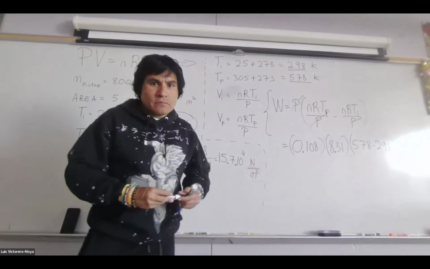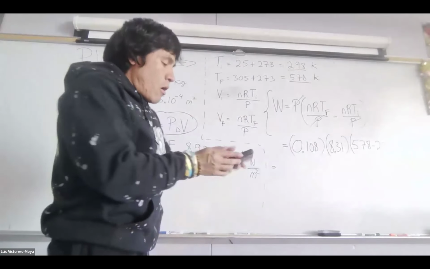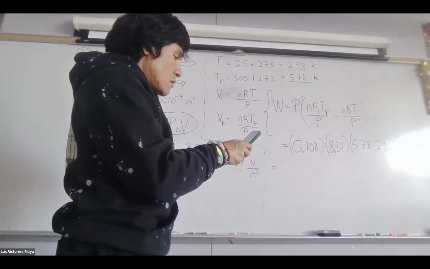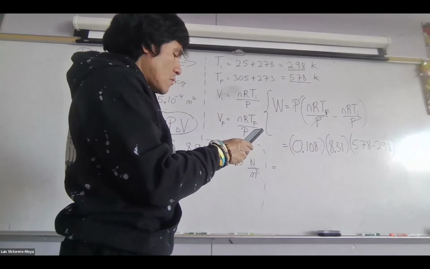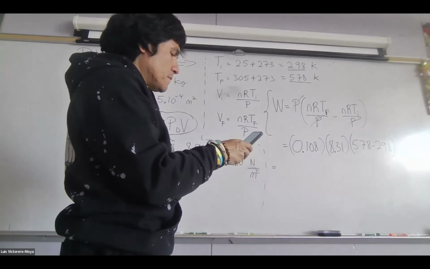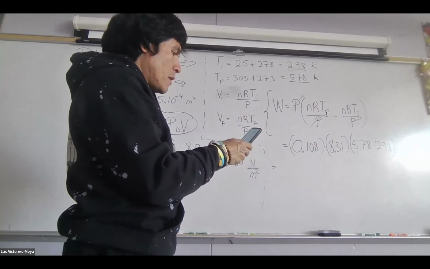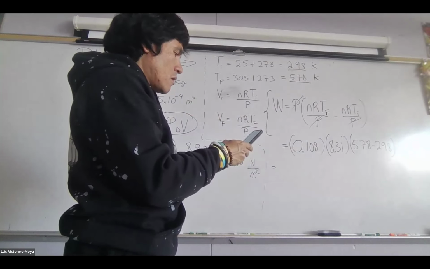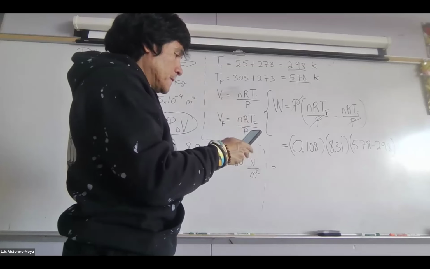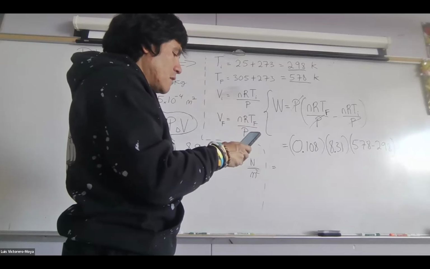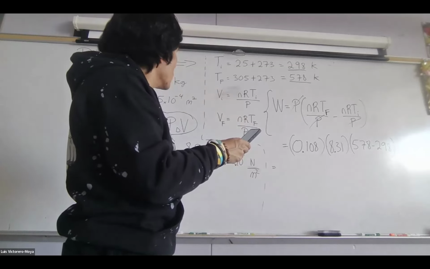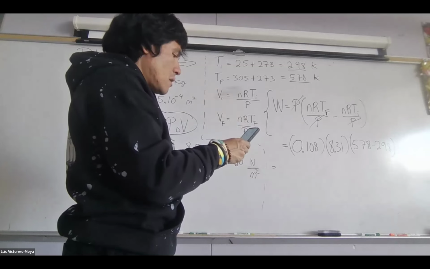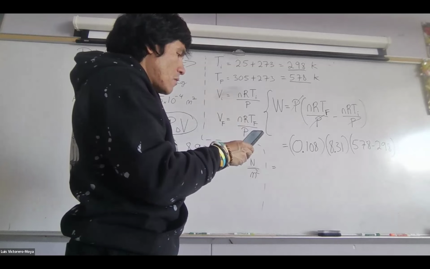So let's take a look. Now, the work is done on the gas. Okay, times 0.108 times 8.31. 578 minus 298, 280 times 8.31 times 0.108.